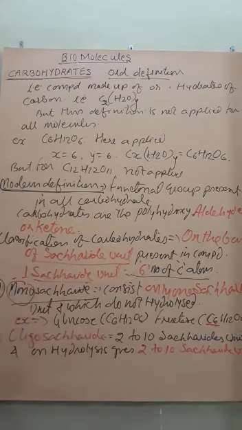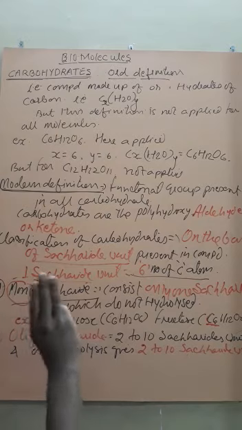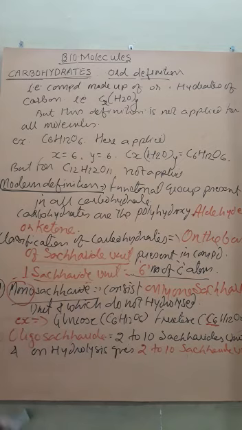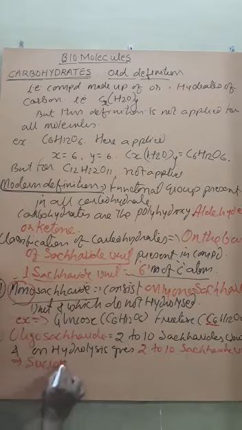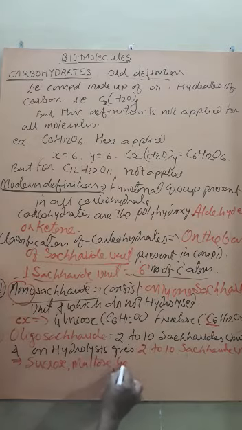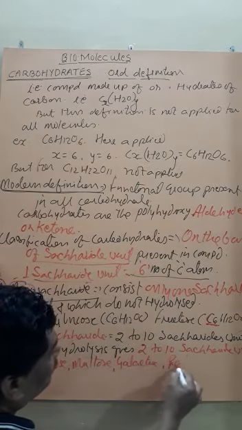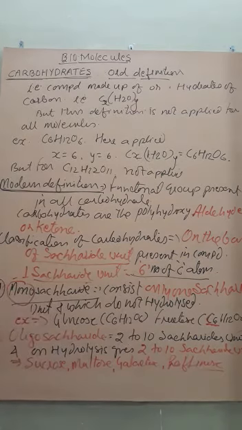On the basis of it, it will become a disaccharide if 2 units are there, a trisaccharide if 3 units are there, a tetrasaccharide if 4 units are there, and so on. You can take the example of sucrose, maltose, galactose, or raffinose. There are many compounds. Raffinose is called a trisaccharide, and sucrose is called a disaccharide.